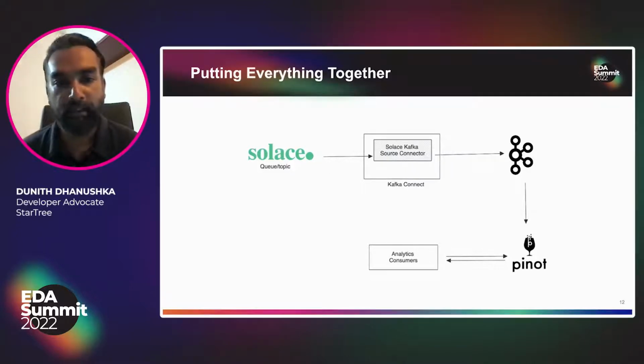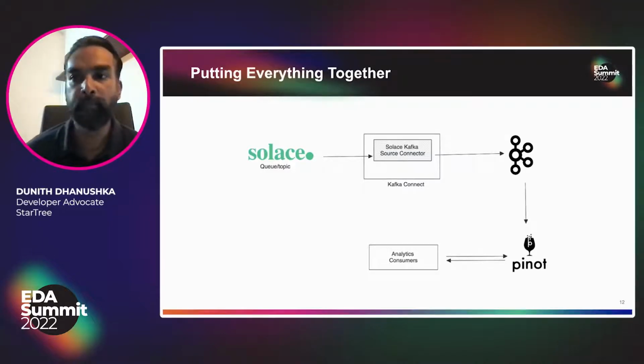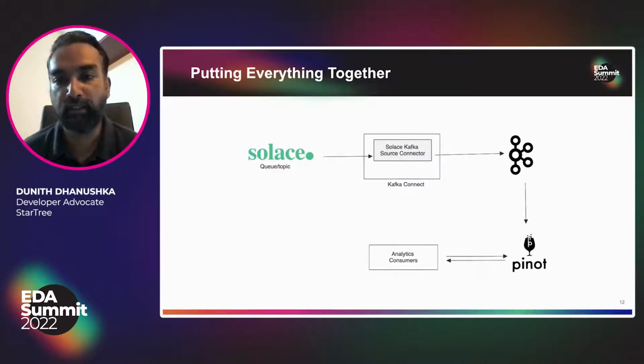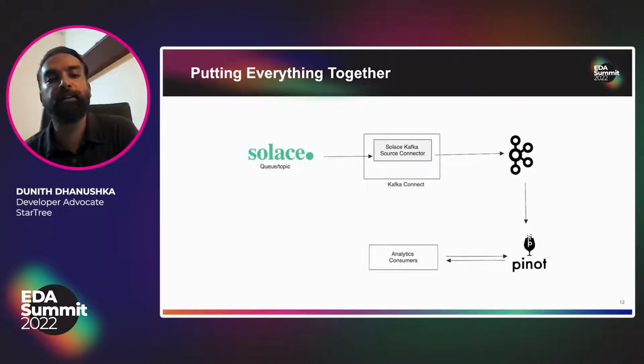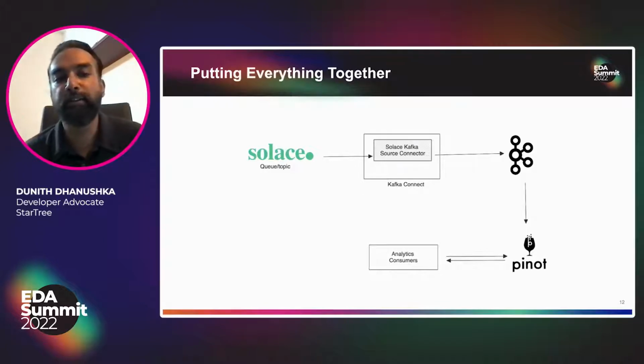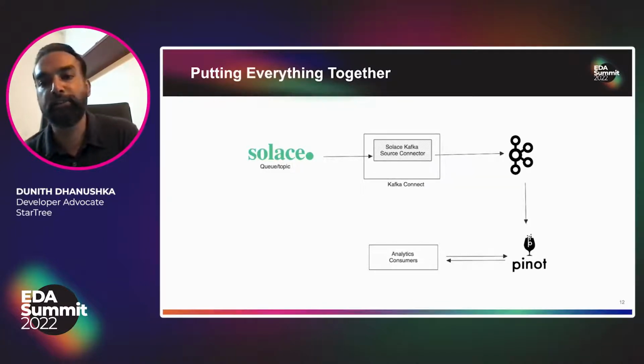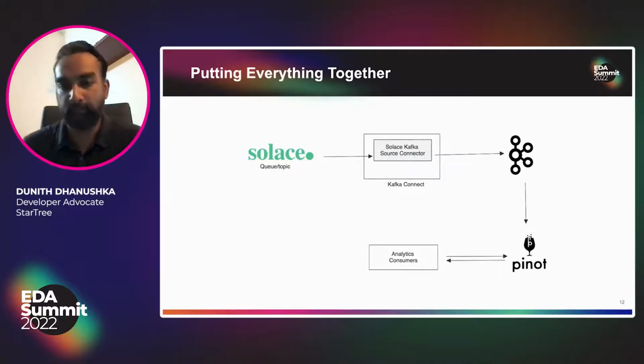And then we have to somehow bring this data to Pinot. That's where we bring in Apache Kafka and Kafka Connect. We have a special connector called the Solace Kafka Source Connector, which you can deploy on Kafka Connect, and then configure it to listen to that particular queue or topic in Solace PubSub+, and route these incoming events to a topic in Kafka.